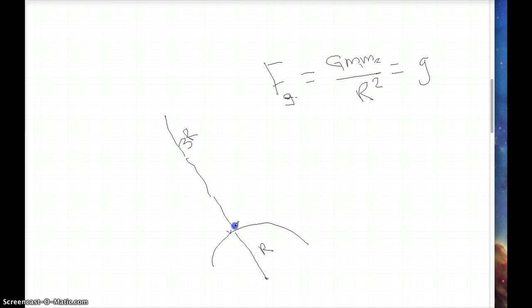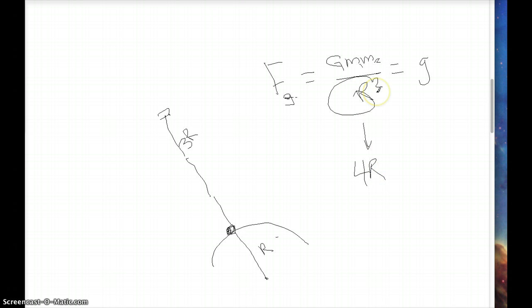So that's the force of gravity when the object is here. What's going to happen to that force when we move it up here? Well, the difference between here and here, the masses don't change. This doesn't change. The distance changes. And instead of r being the separation between the center and the object, now you have 1, 2, 3, 4r. So now this variable is 4r.